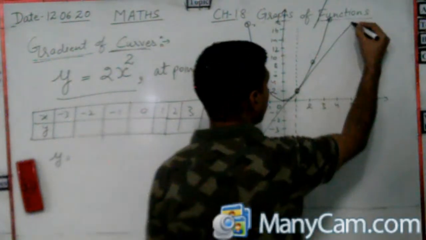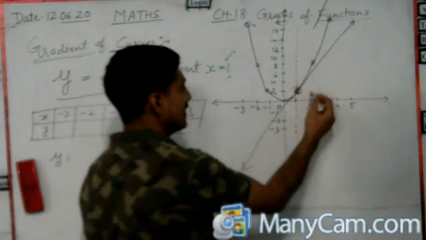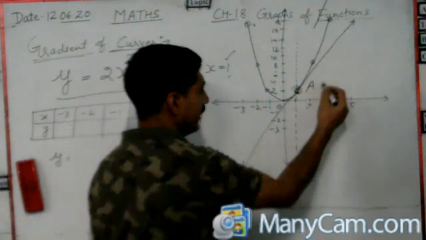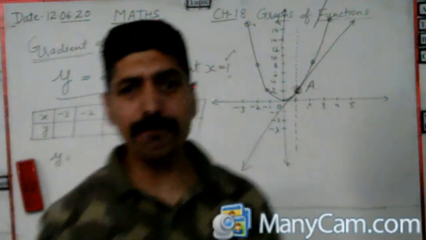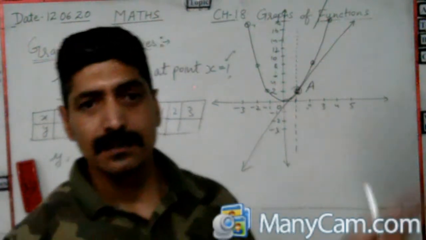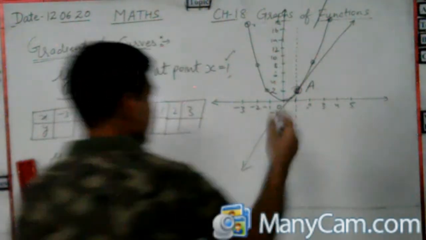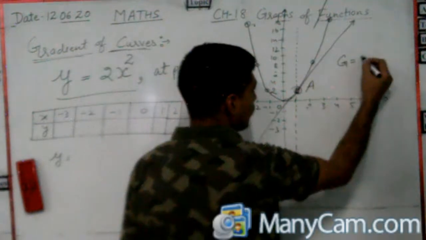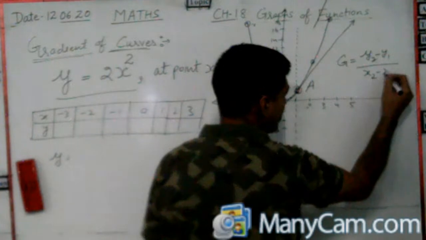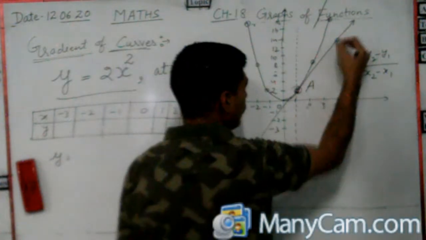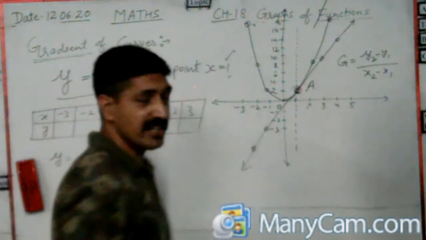Let this point be A. If we want to find the gradient of this graph at this point A, then the gradient G is equal to y2 minus y1 upon x2 minus x1. We can choose any point on this tangent.